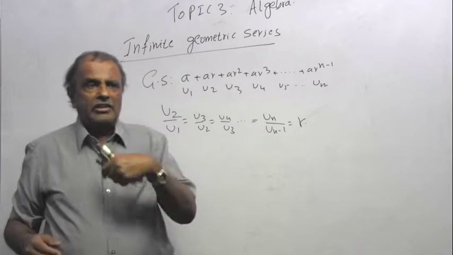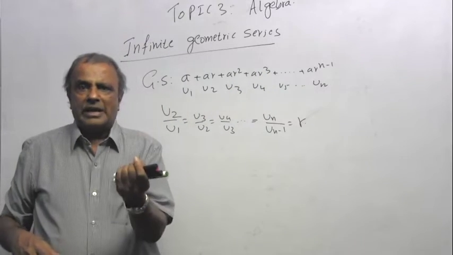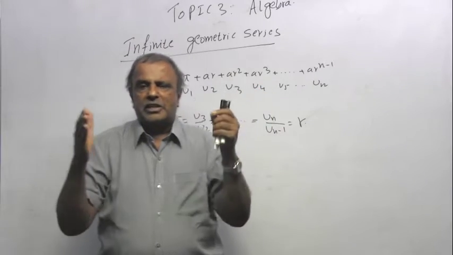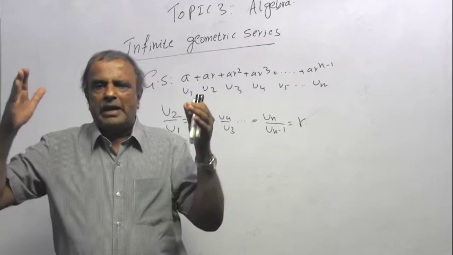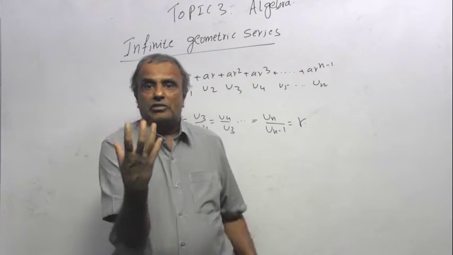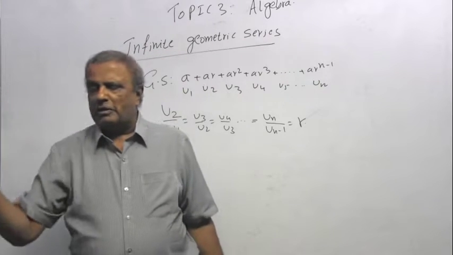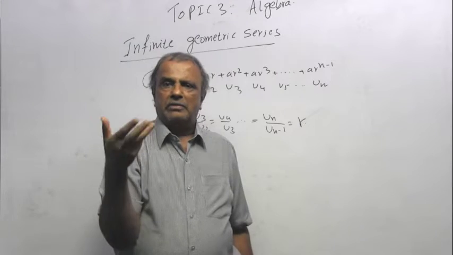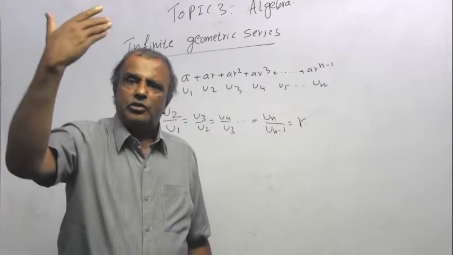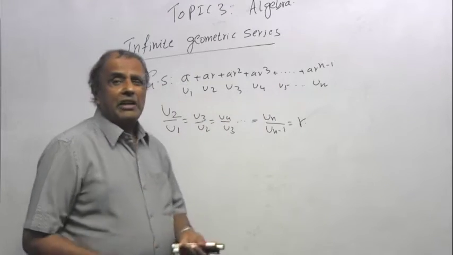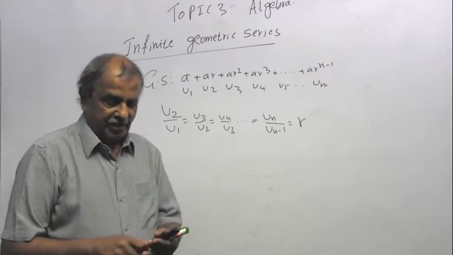So as long as the value of r is a fraction, a number between -1 and 1, the modulus value less than 1, any number between -1 and 1 has an absolute value less than 1, then r to the power n tends to 0. Then this series is called an infinite geometric series.